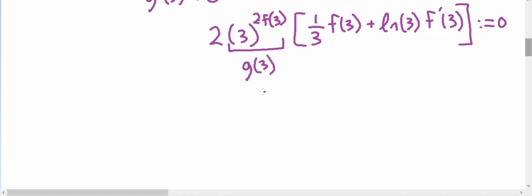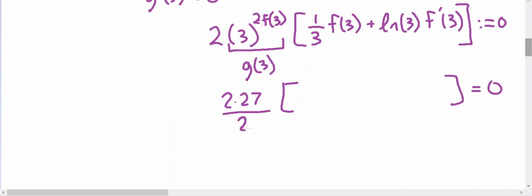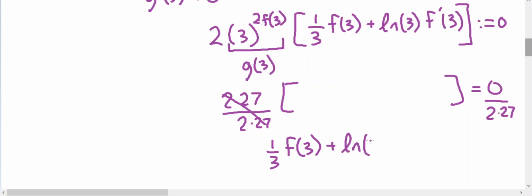So that means we have 2 times 27 times all of this here equals 0, but we can just divide out 2 times 27, and so we just get all of this in these square brackets equal to 0. So we have 1/3 f of 3 plus ln of 3 times f prime of 3 equals 0.